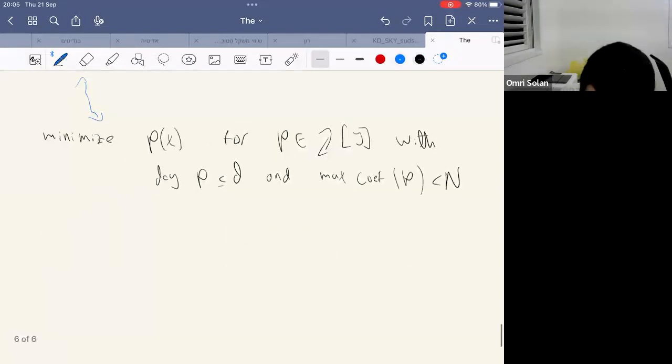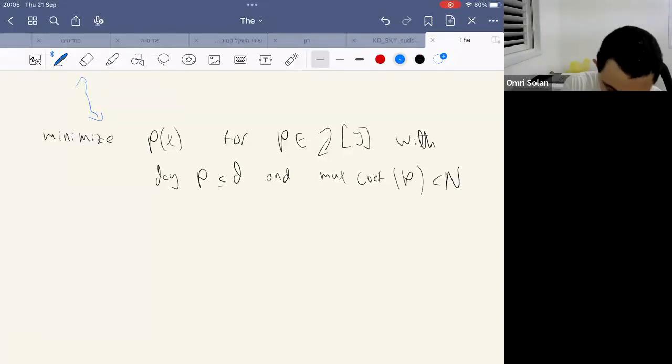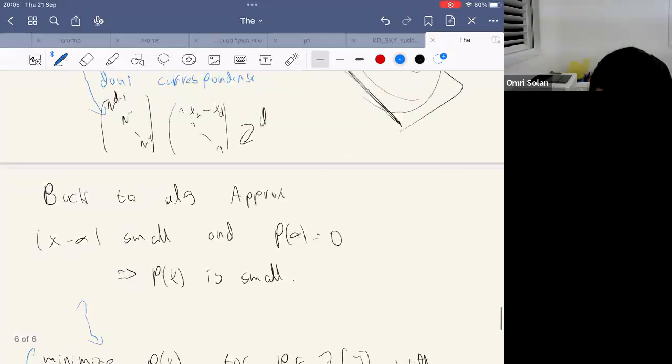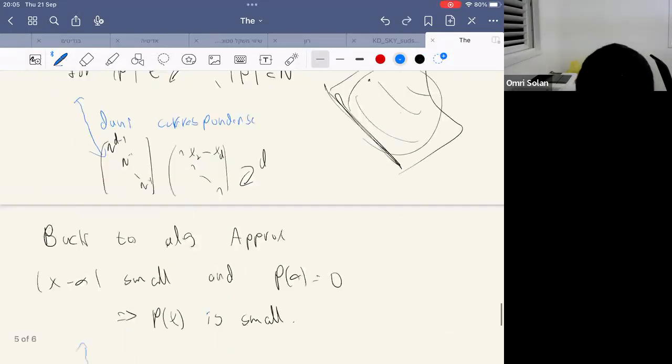Okay, and now this is just the previous problem. This turns out to be trying to approximate this problem. We try to minimize this kind of expression.